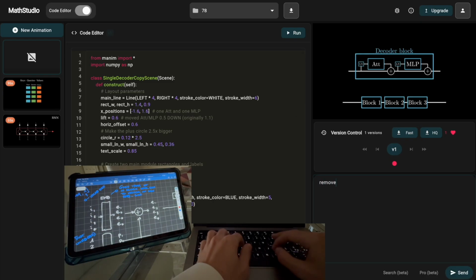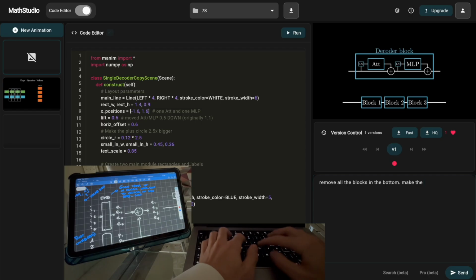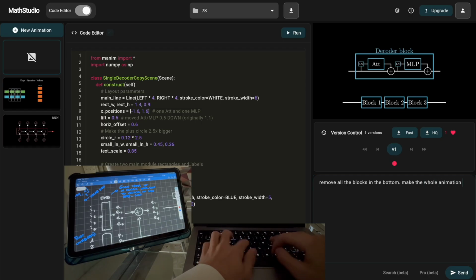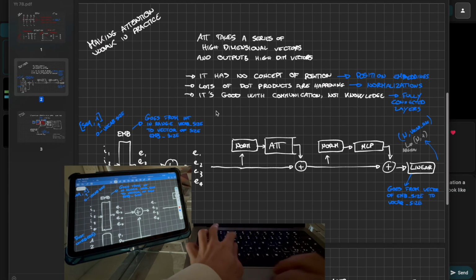We need to remove all the blocks in the bottom, make the whole animation a bit smaller, and add to the left, and now we provide the image, which is a screenshot of this.